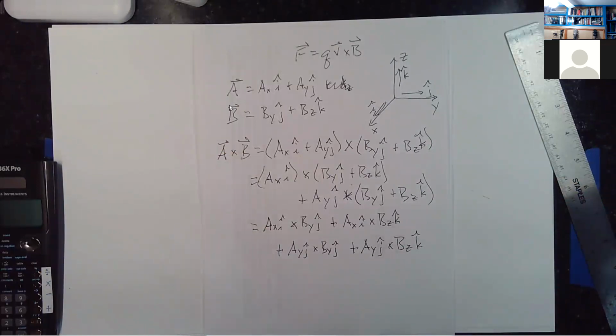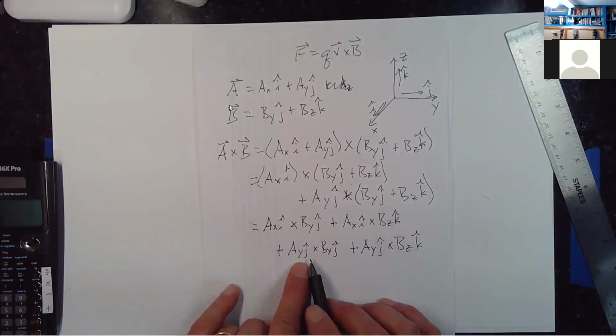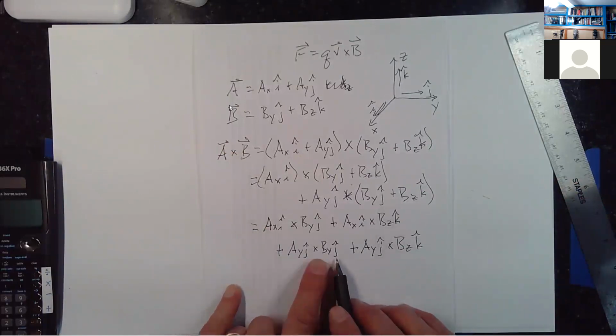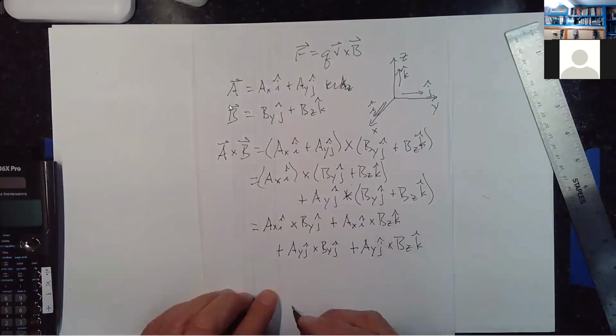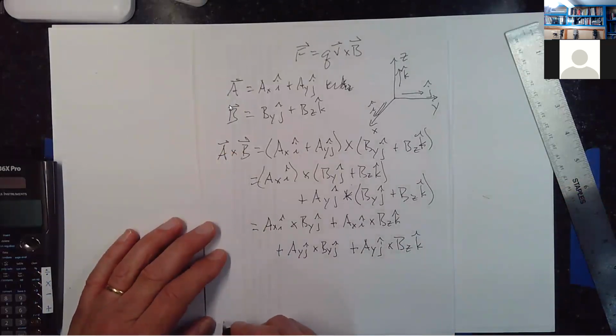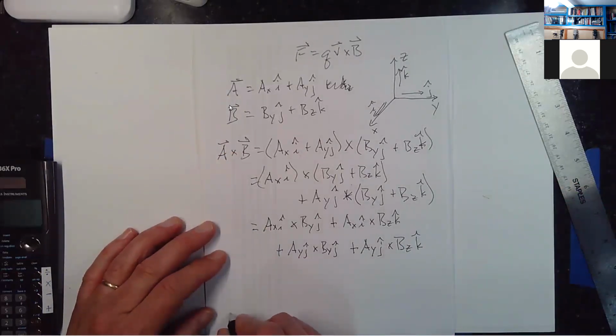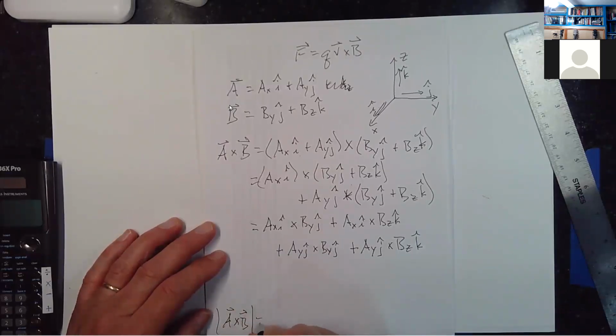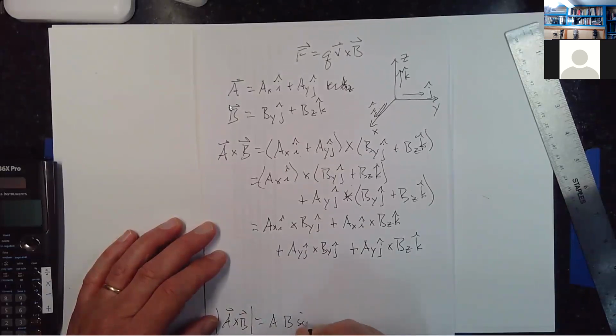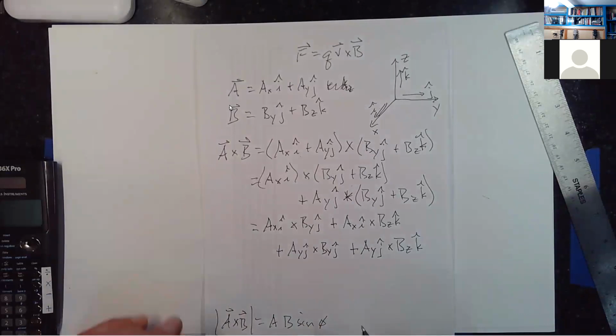For instance, J hat cross J hat here. Remember the magnitude of the cross product, A cross B, is equal to the magnitude of A, the magnitude of B, times the sine of the angle between them.